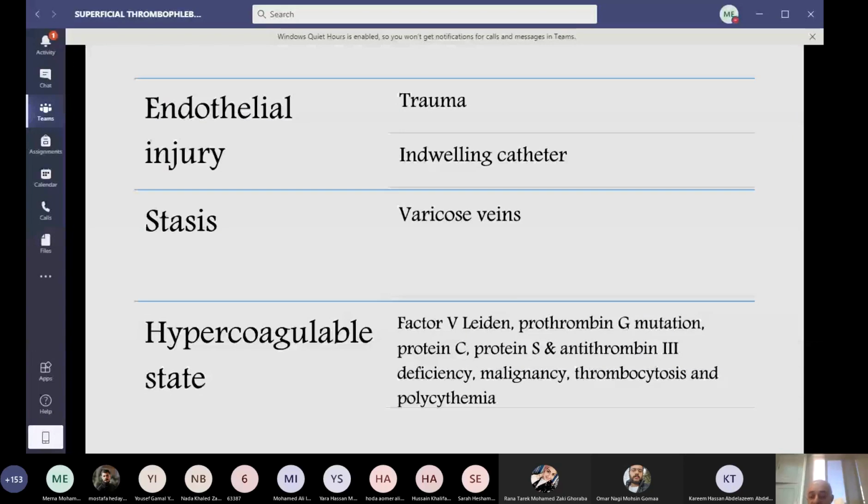Hypercoagulable states, this could be congenital or acquired. The examples given here are congenital forms like factor V Leiden, prothrombin G mutation, protein C, protein S, and antithrombin 3 deficiency, malignancy, thrombocytosis, and polycythemia. All of these examples put the patients in a hypercoagulable state.